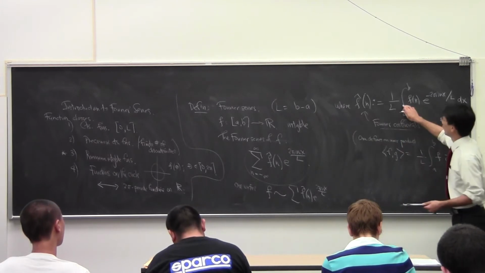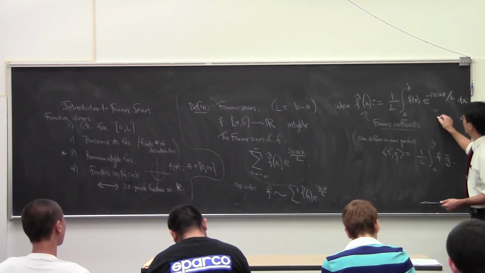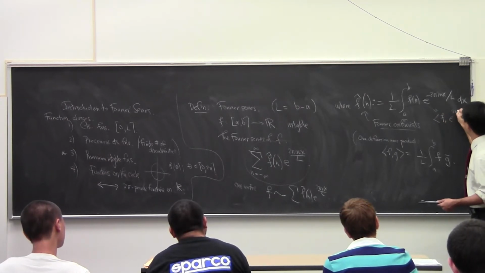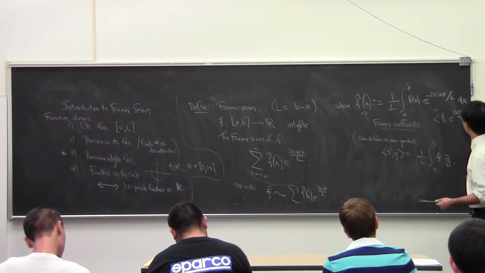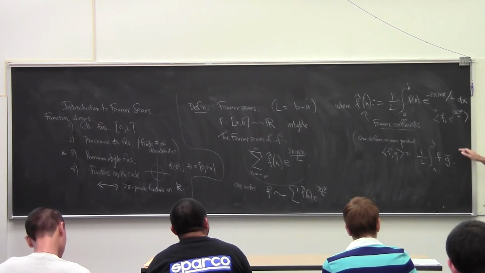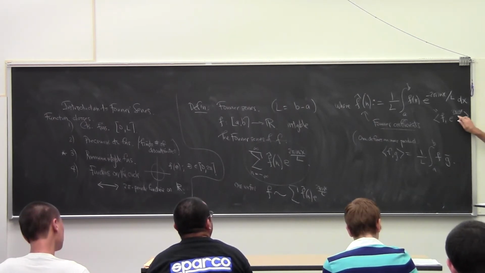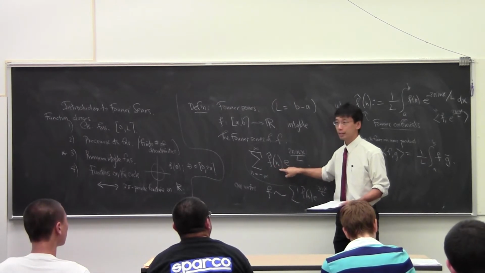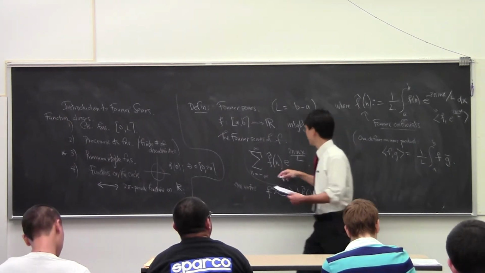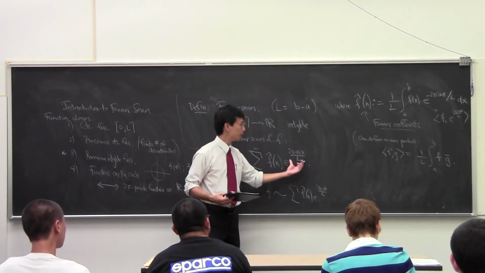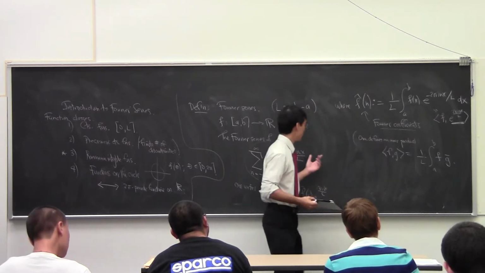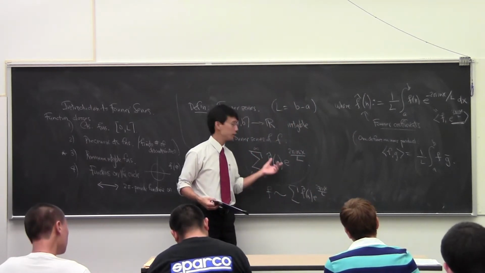And what you see in the Fourier coefficient is really that you're taking the inner product of f against e to the 2 pi i n x over L. And you're taking the inner product against this, and then you're taking that coefficient and weighting exactly that function that you took the inner product against with that weight, and you're taking the sum.